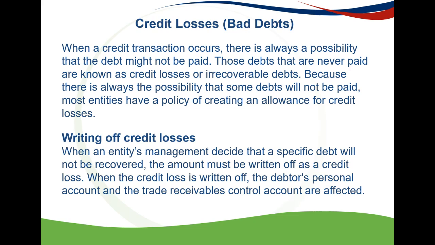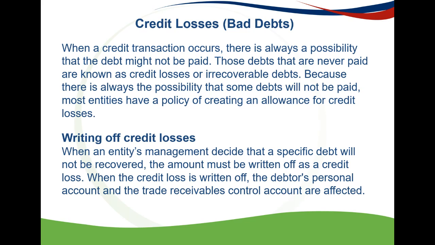Where we previously had the allowance for settlement discount granted, because some clients can make use of it after year end, now we have the allowance for credit losses, where there's a possibility that some of our debtors won't be able to pay us back. So again, we will have to create an allowance for that purpose.